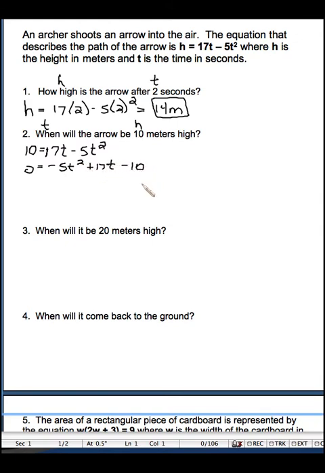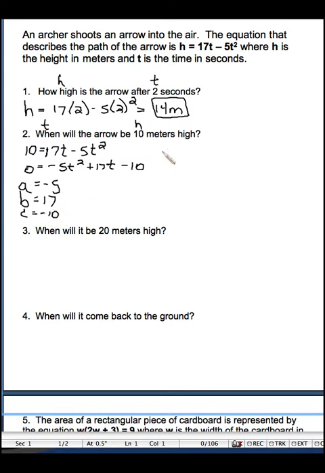I would still suggest that you put it in the order of biggest exponent down to no exponent on your variable. So a is negative 5, b is 17, and c is negative 10.